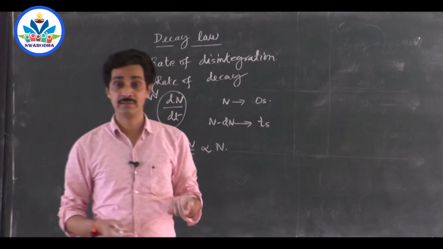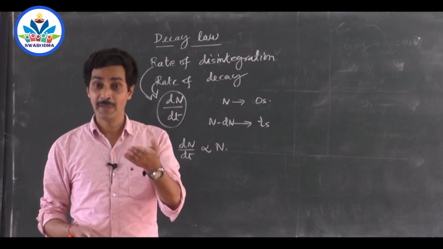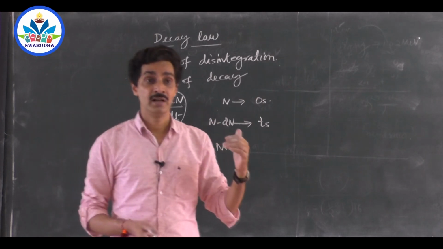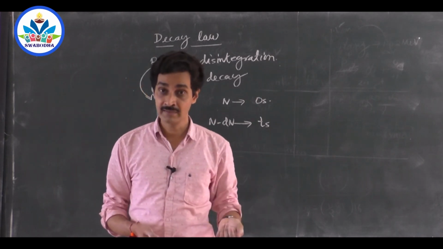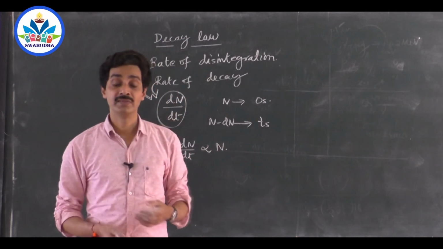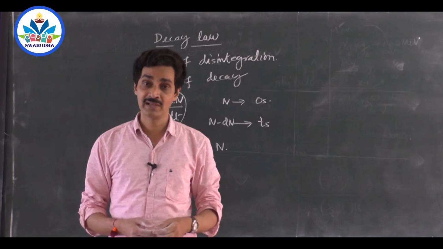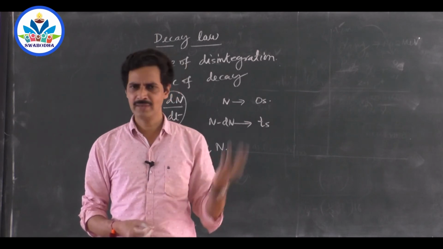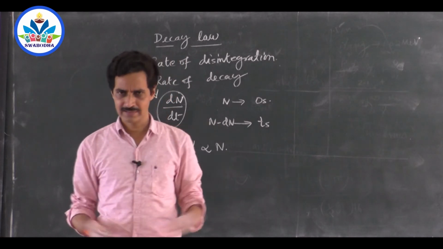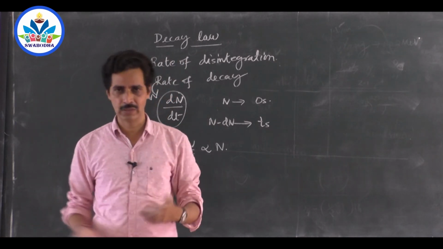For example, carbon 14. You might have studied it in biology class. Carbon 14 is used to find out the age of fossils, right? By studying the radioactive decay. Carbon takes many years to decay. It emits alpha, beta particles and gamma rays very slowly, and it changes into other daughter nuclei very slowly.